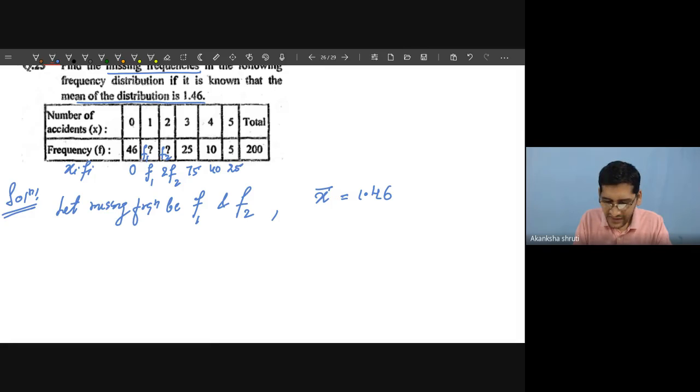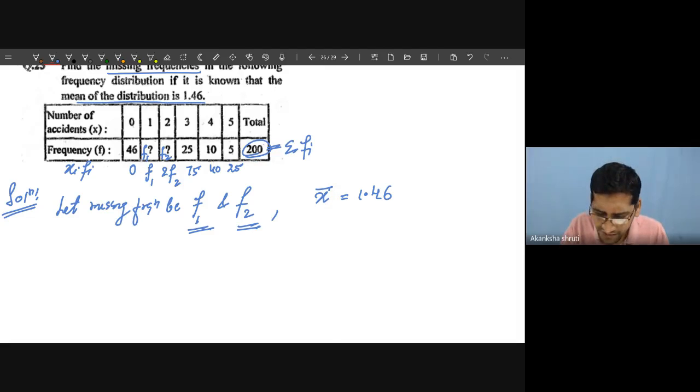So students, here how to get the two equations, because we have two unknowns. If you are observing carefully, it is given that 200, but what is this 200? 200 is our summation of fi.